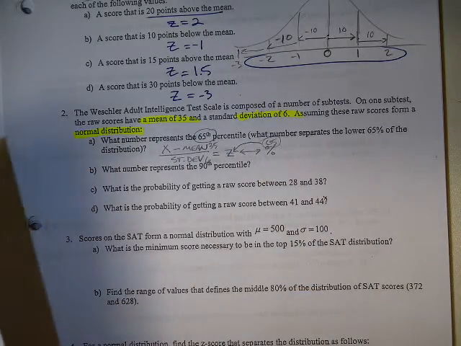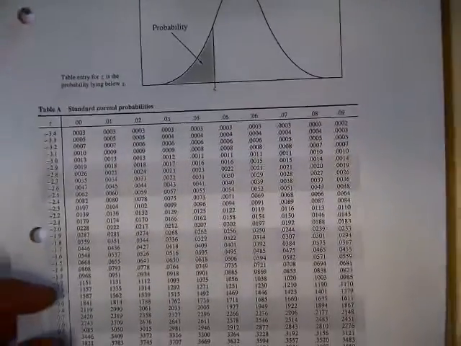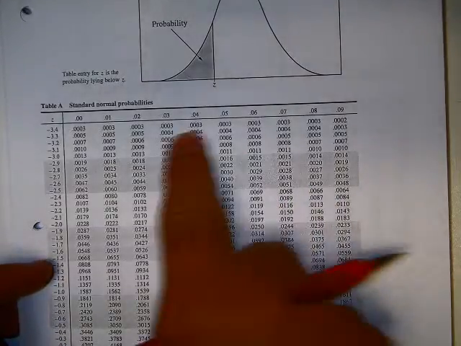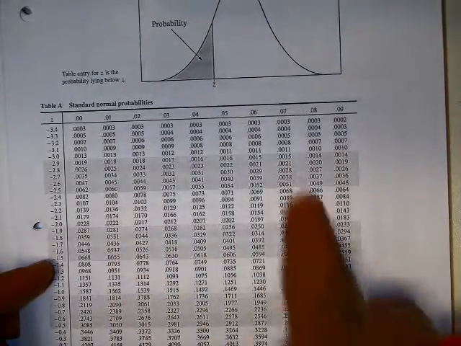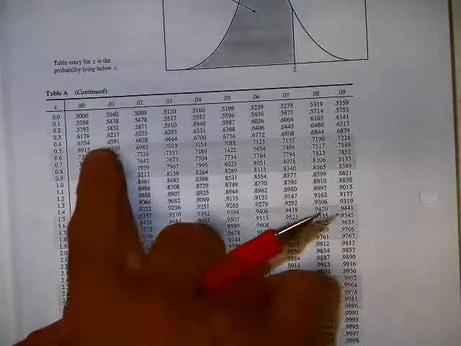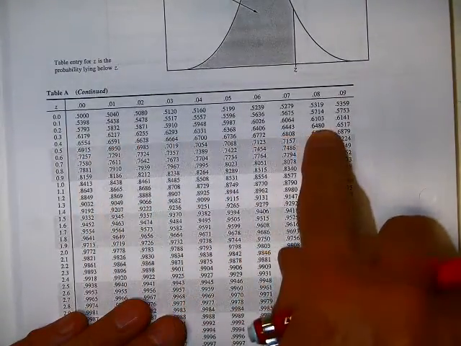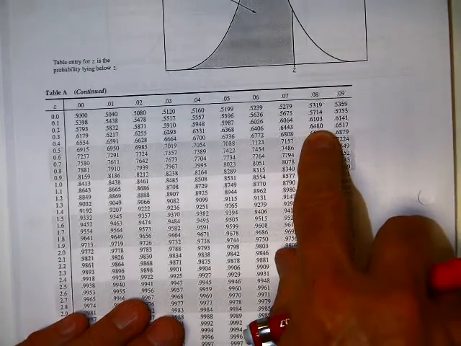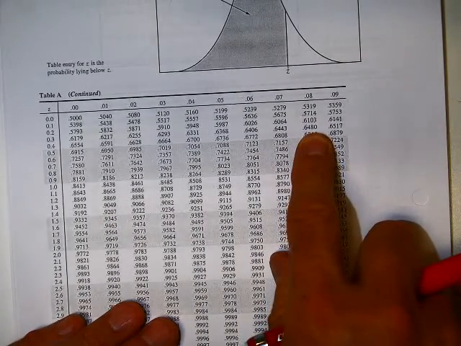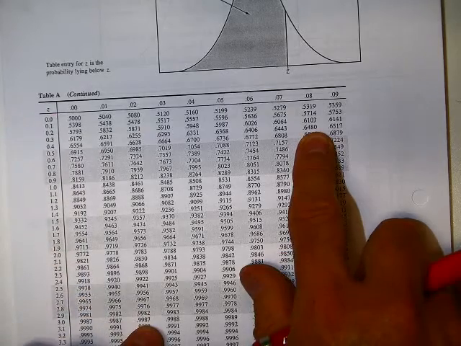So here's how I'm going to do that. I'm going to look on my table. The percentiles are in the body of the table. And then I'm going to look for 65% as close as I can get. It's kind of up towards the top of the back side here, the positive z-score side.